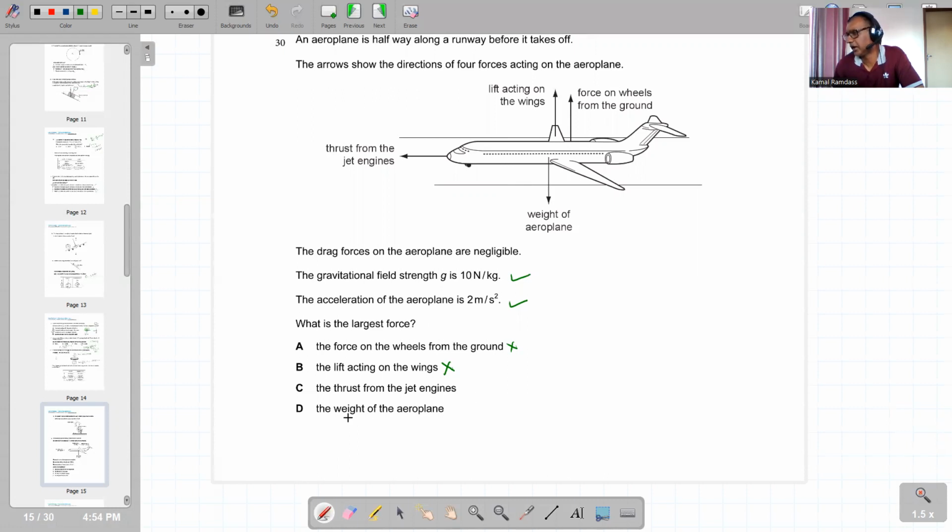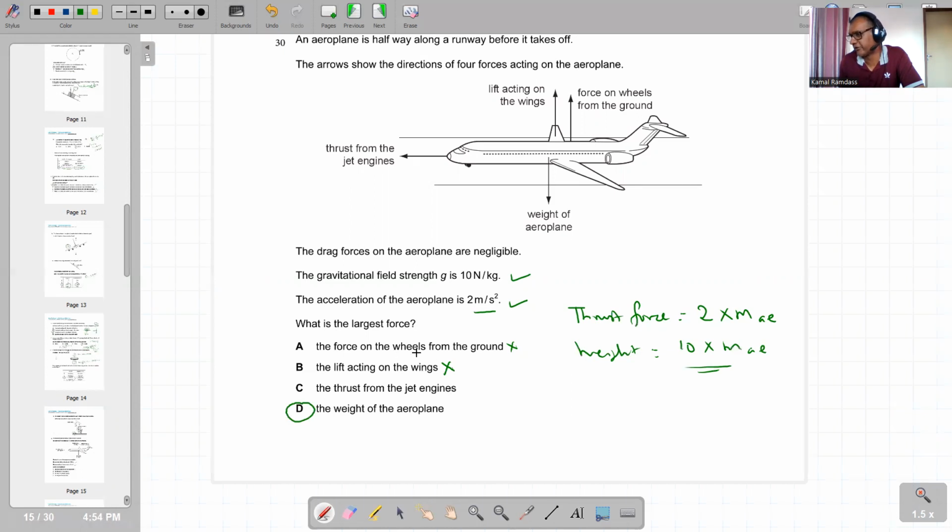And here, we look. If we look carefully, thrust force is equal to 2 acceleration times mass of aeroplane, and weight is equal to 10 times mass of aeroplane. The weight is 5 times greater than the thrust, and therefore the largest force is the weight.